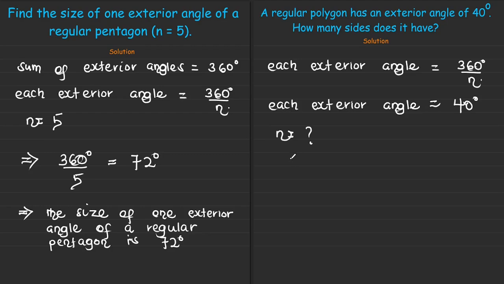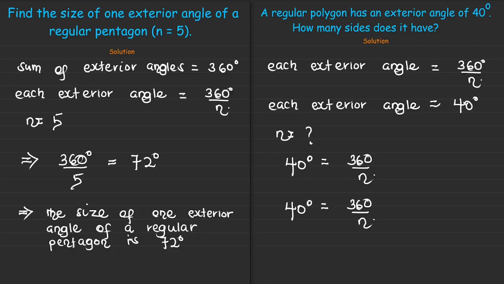So let's do our substitution now. It simply means 40 degrees is equal to 360 over n. And it is n that we want. So we apply our knowledge of fractions and algebra to make n the subject.